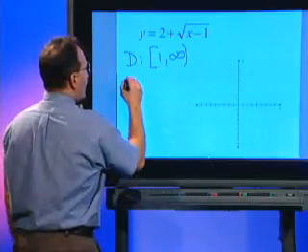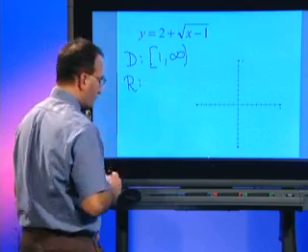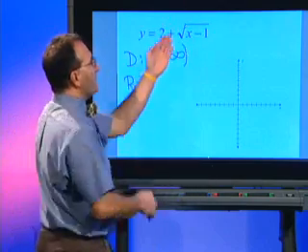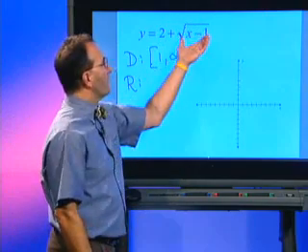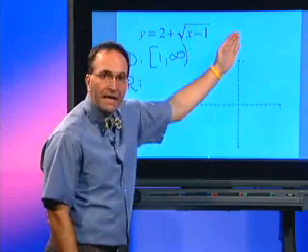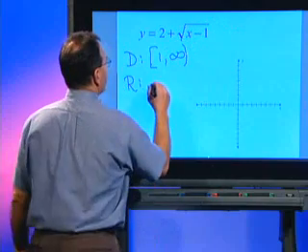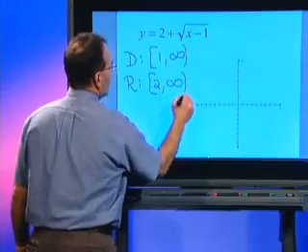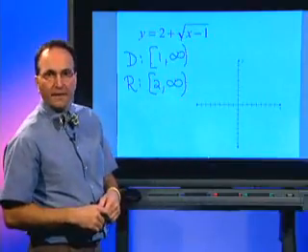For the range, of course, the range is all of the numbers that we can get out of this. Given that the square root portion of our function is going to be 0 or greater, the range starts at 2 and also goes through infinity.